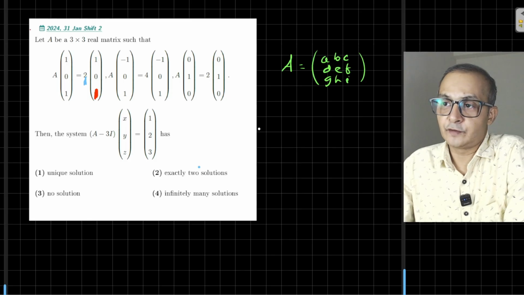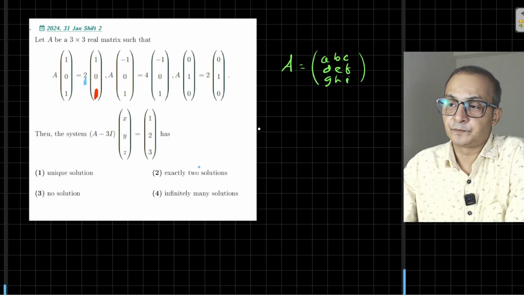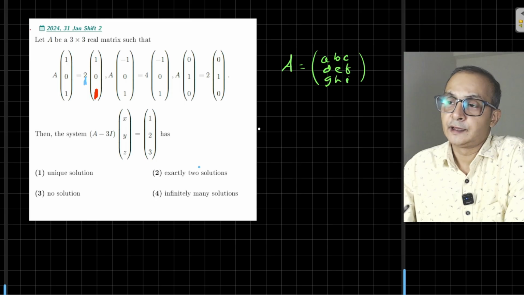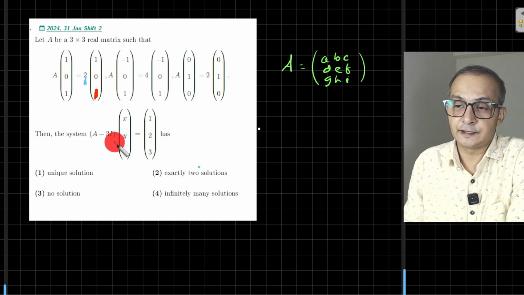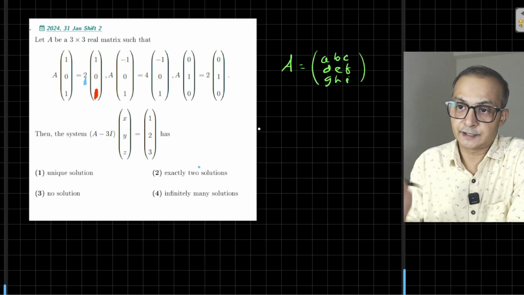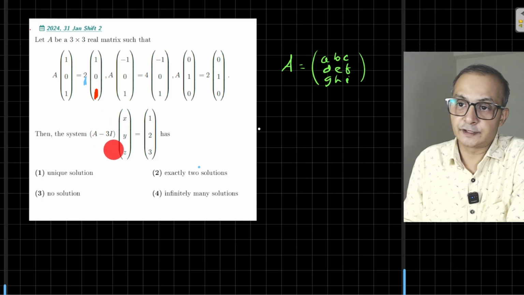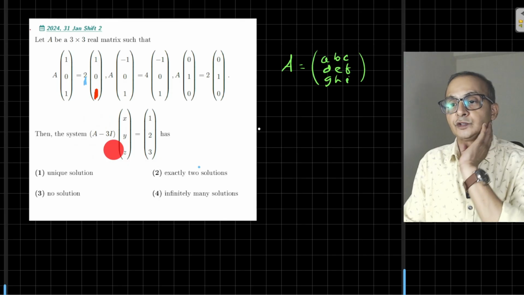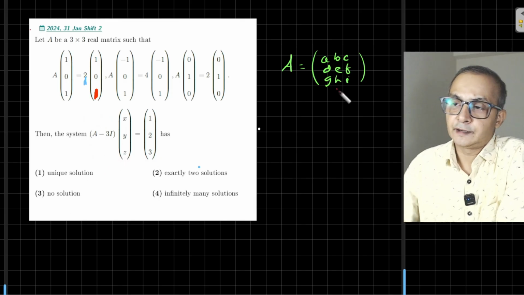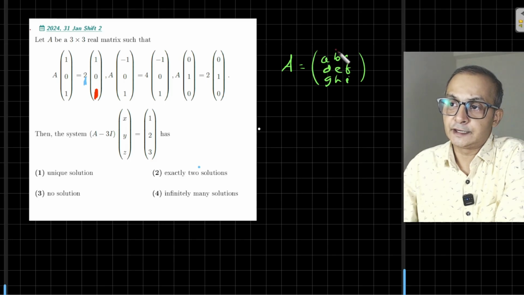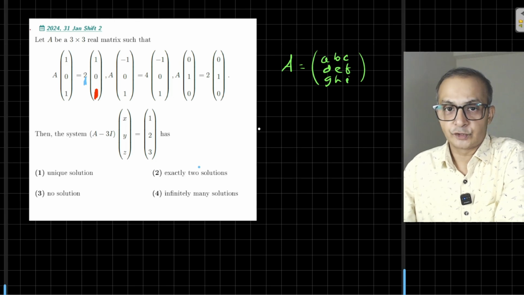And from there, we find the values of A through I. It means we found the matrix A, and then I find the matrix A minus 3I, and if the determinant of this A minus 3I is non-zero, we can say there is a unique solution, and so on. But the task is very tedious because I have to find out A, B, C, D, E, F, G, H, and I. Can we do it in a smarter way?